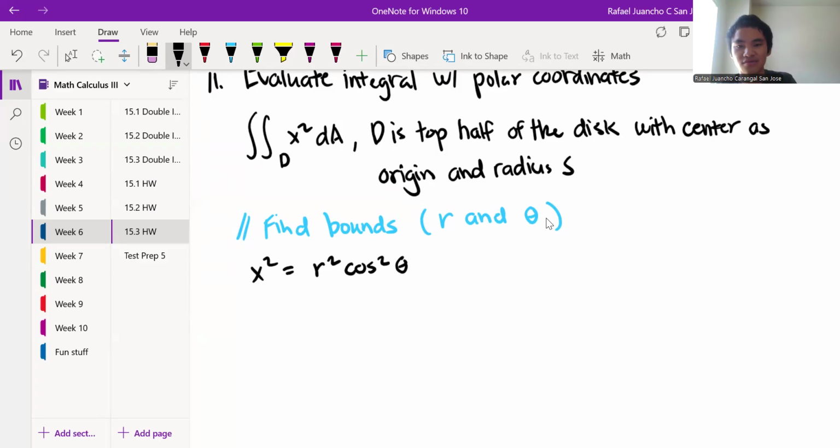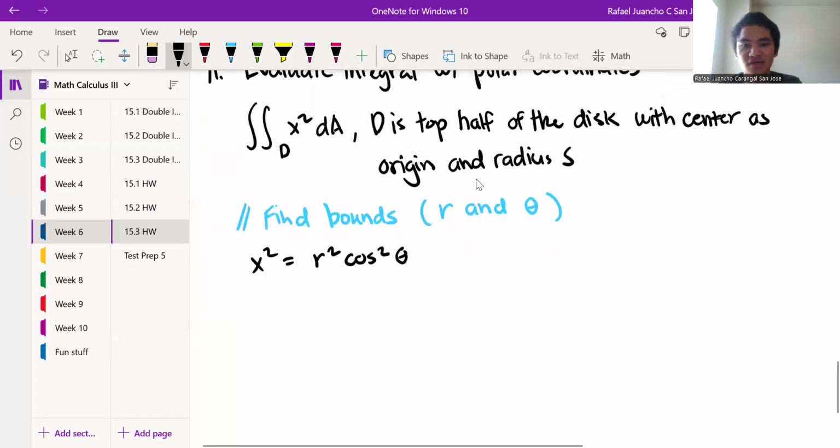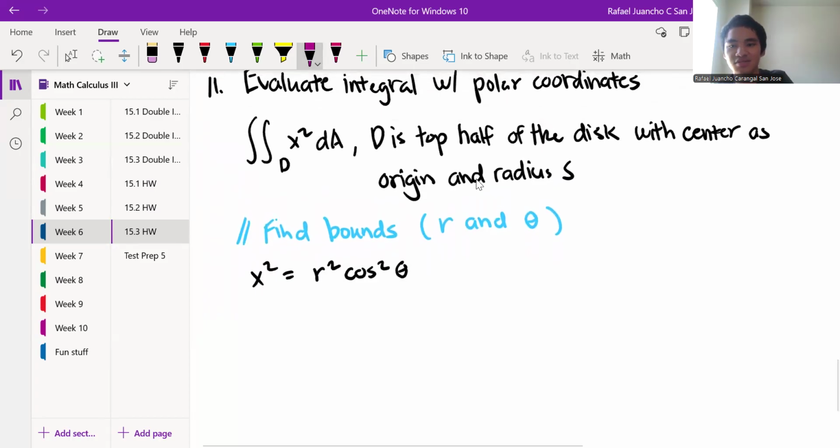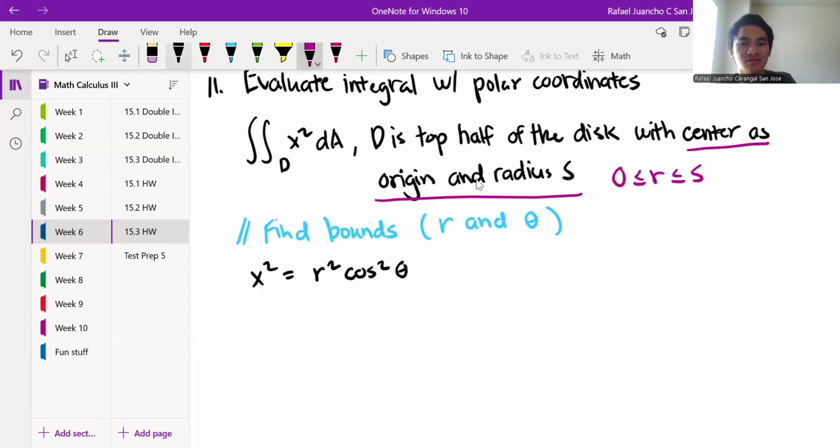And so what's my r? My r is from 0 to 5, right? The clue is actually here already. Center as origin, radius is 5. So we can say that this is that.